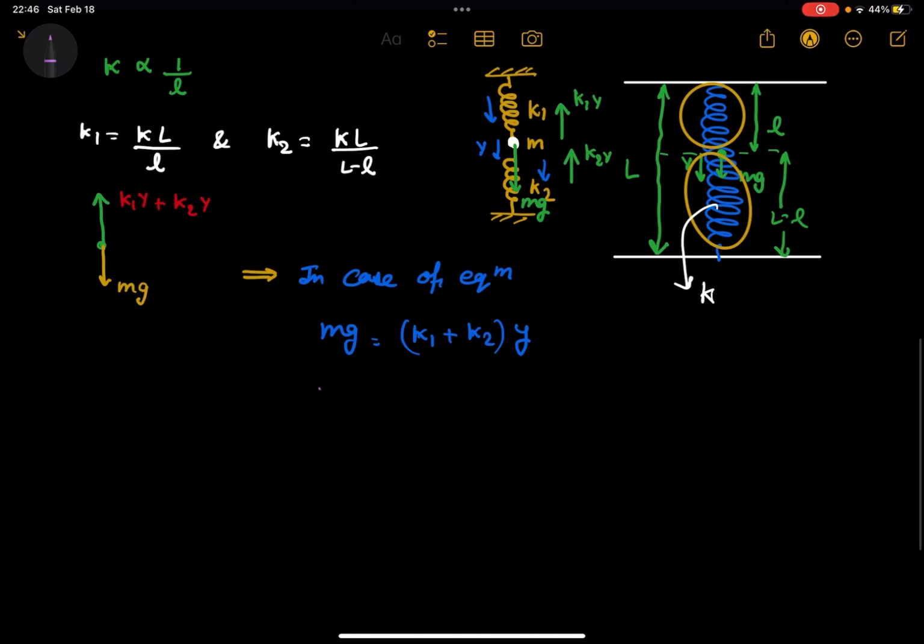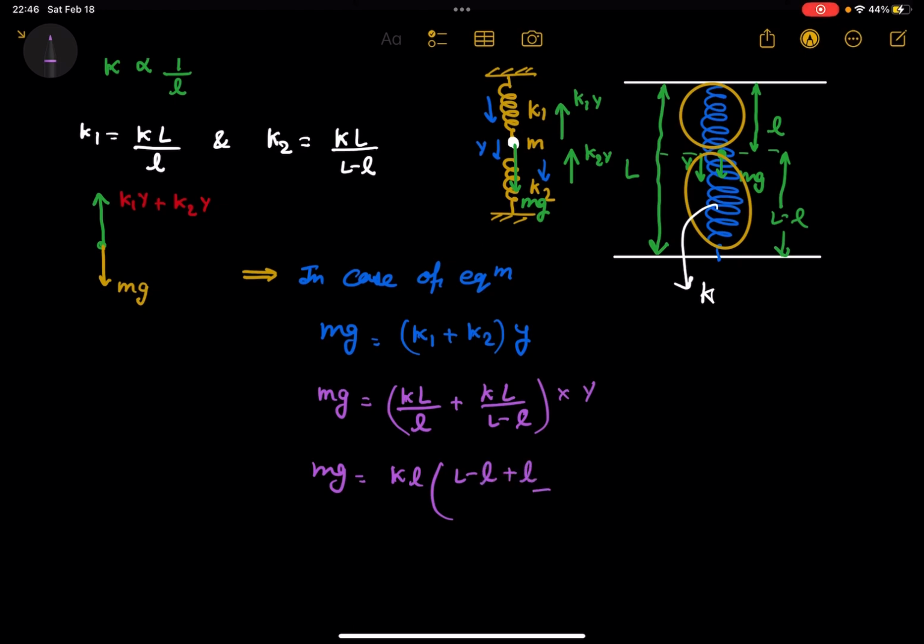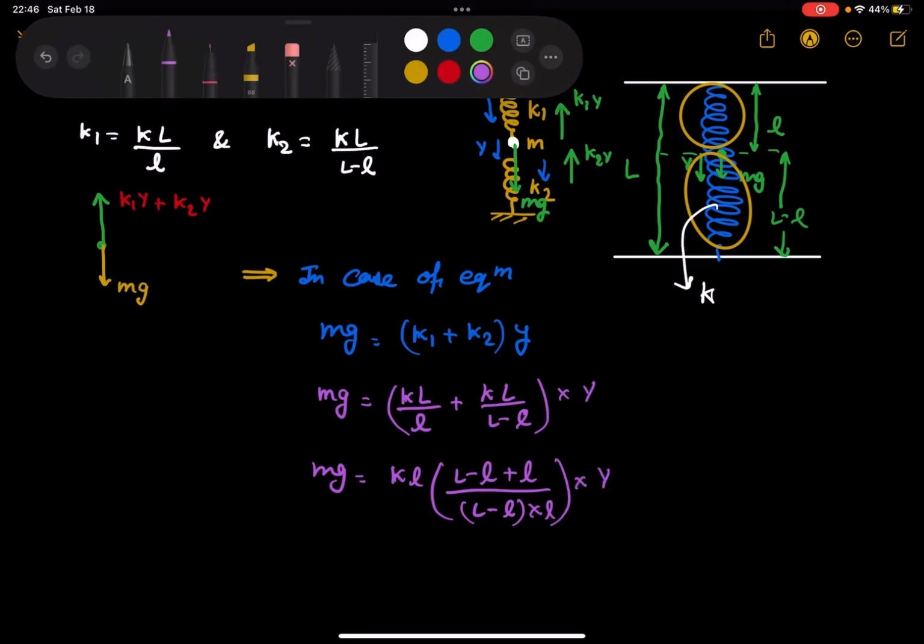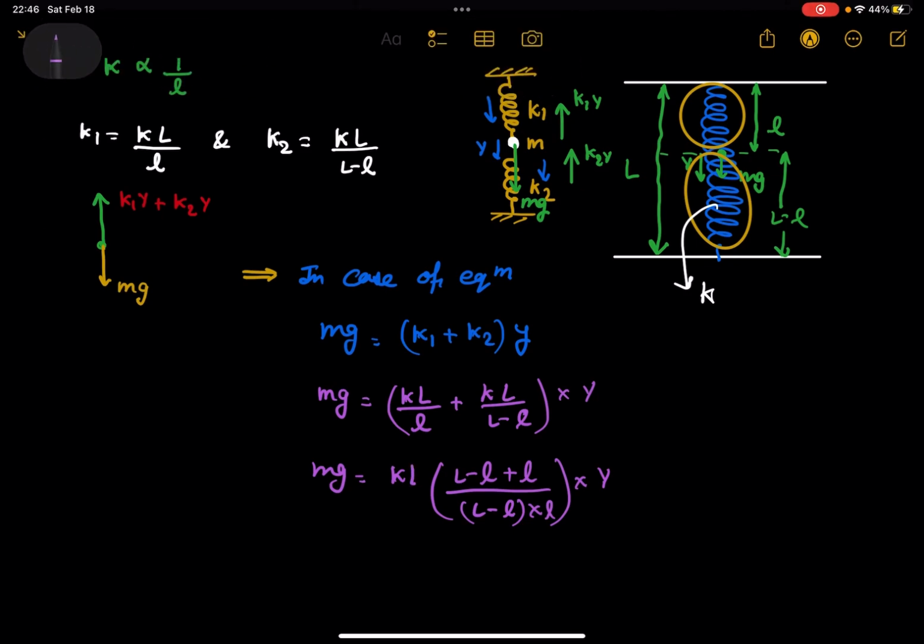The mg is equal to K capital L by small l plus K capital L upon capital L minus small l, into y. My dear friends, I can take the LCM, here KL is common. So this is capital L minus small l plus small l upon small l into capital L minus small l, into y. Here you can say that it is K into capital L.